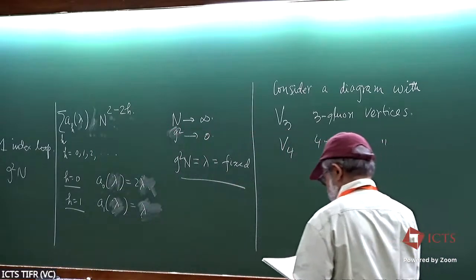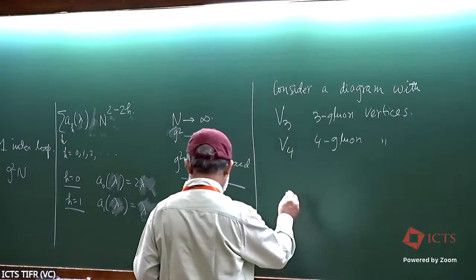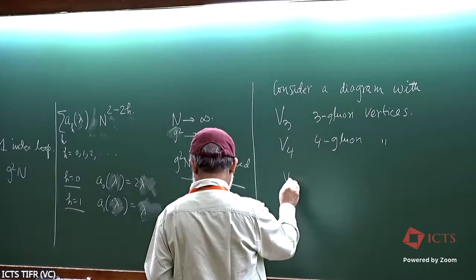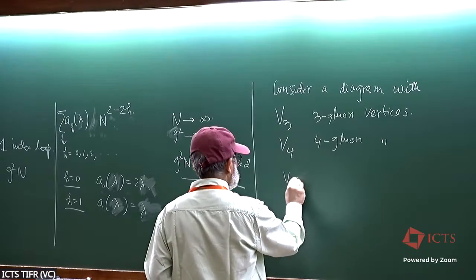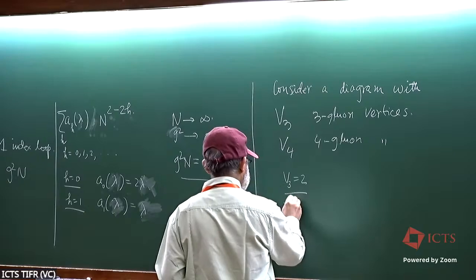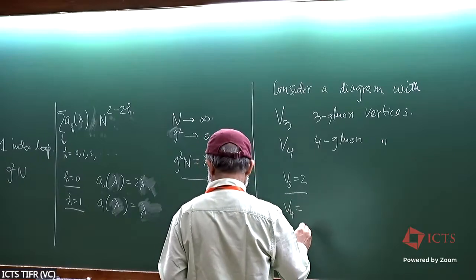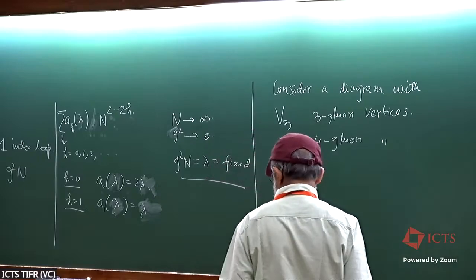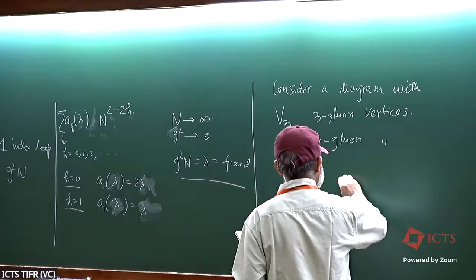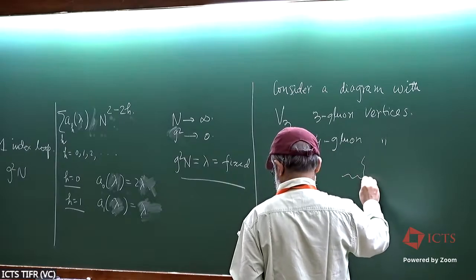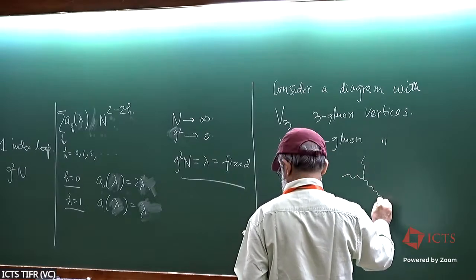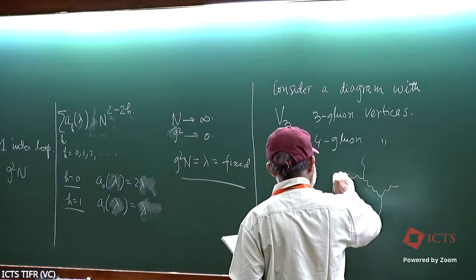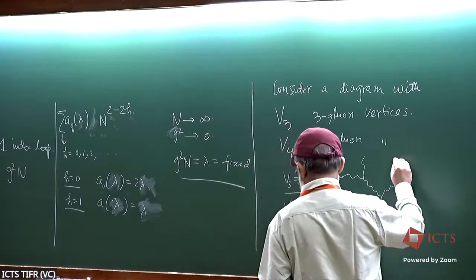Okay, good. Let's give one example, like V3 equal to 2 and V4 equal to 1. So two cubic vertices and one quartic vertex.